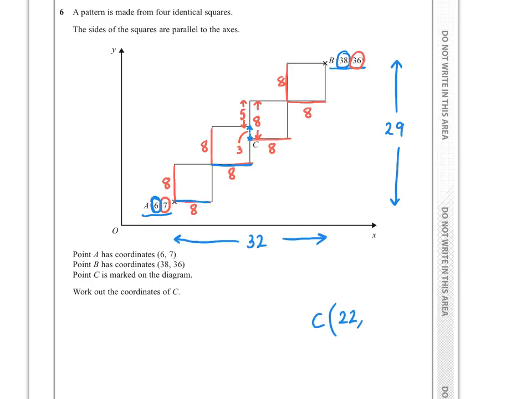Well, we've got to go 8, then we've got another 5 here, and again I find this quite difficult because if this part was 3, then this is 5 because this makes 8 as well. So this is 5, and so we had to go 8 and another 5, which is 13, but we started at 7, so 7 and 13 is 20. So the coordinates of C are 22, 20.